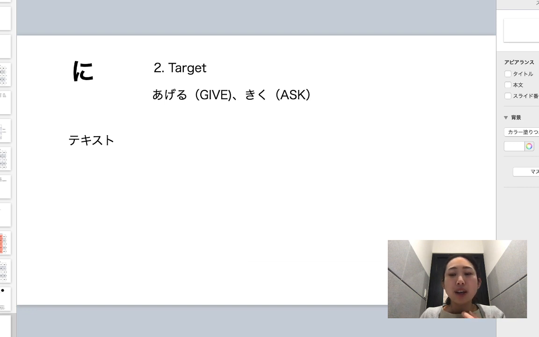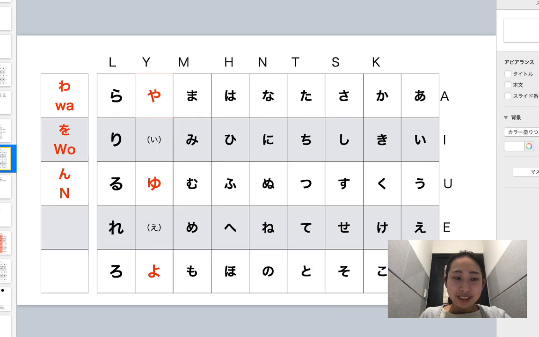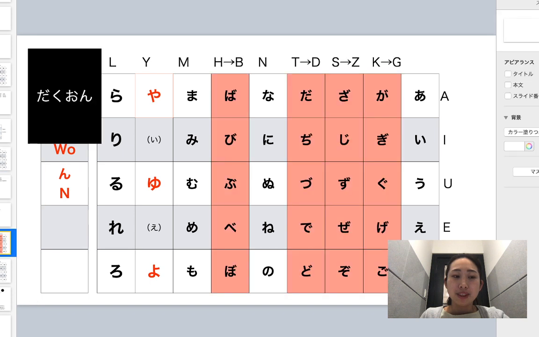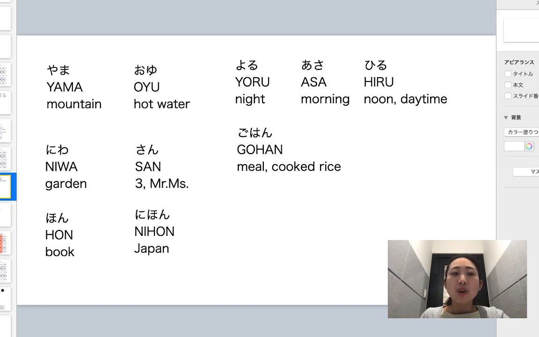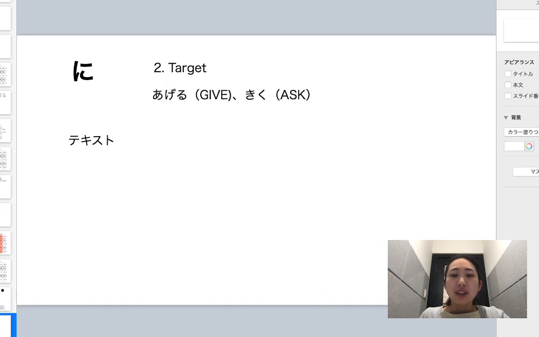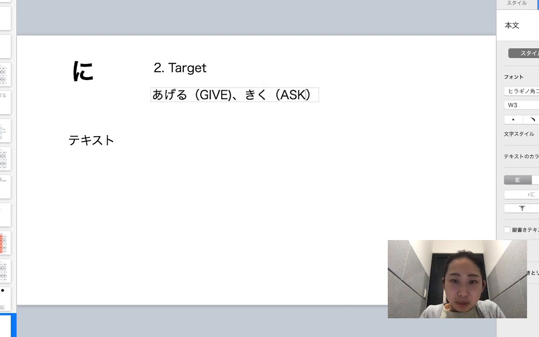And do you remember o? This new one. O is to show the object. Okay, so we use this o and ni today.